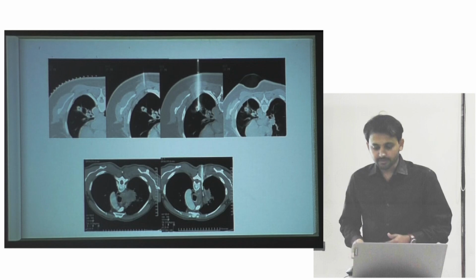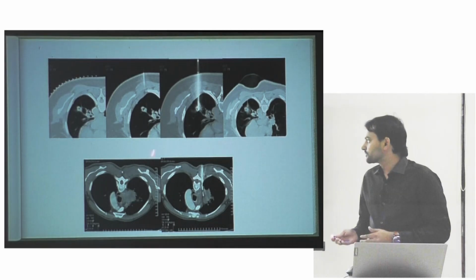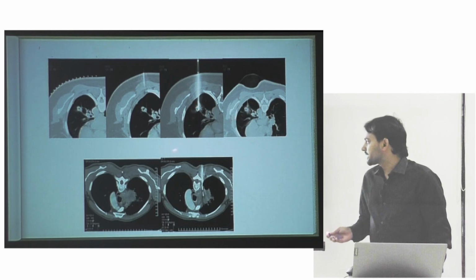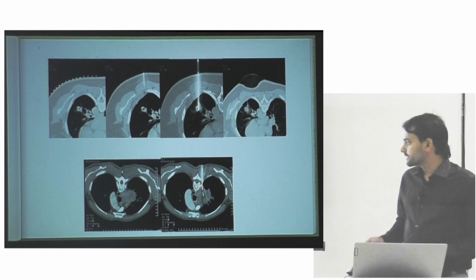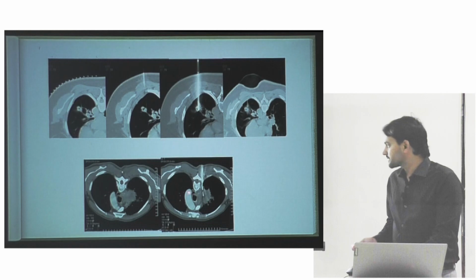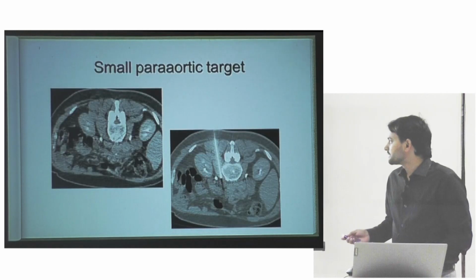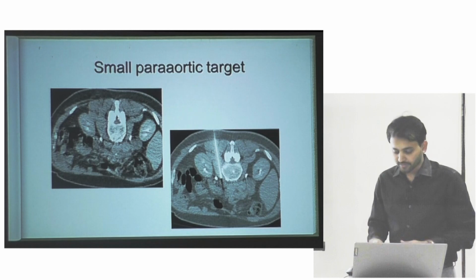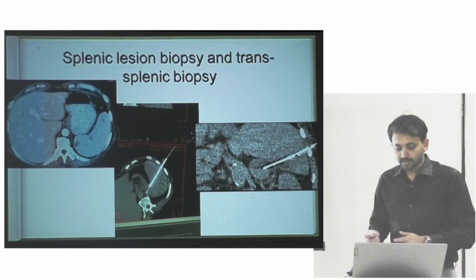These are some of the conditions I am showing. This is a lung CT, where the size of the target is very small, and this is another CT, a mediastinal mass. This is our needle, and this is another condition with small para-aortic targets. Without any further complications or injuries to major organs, we take samples.